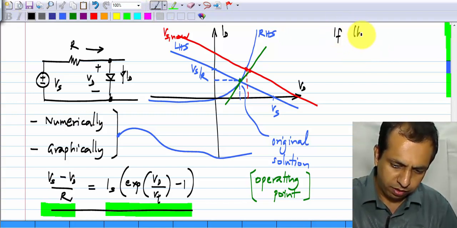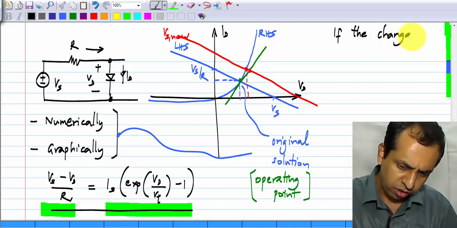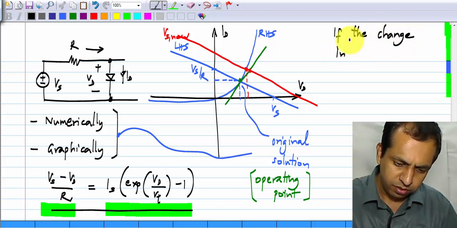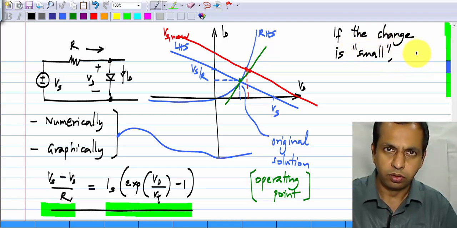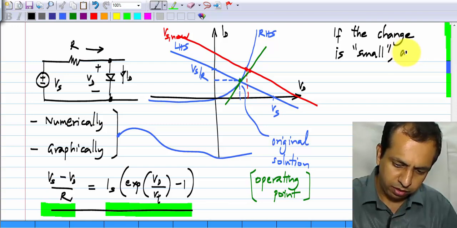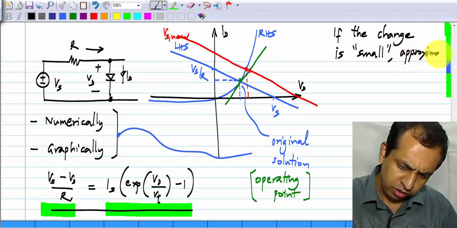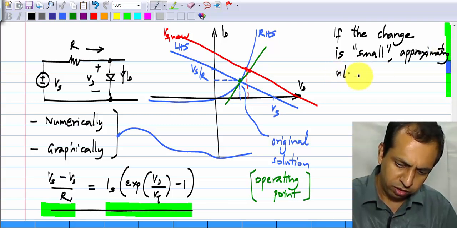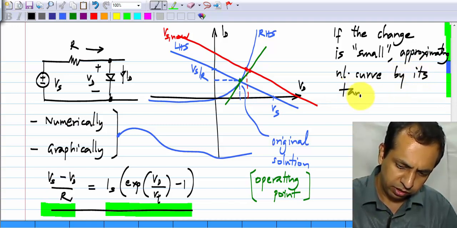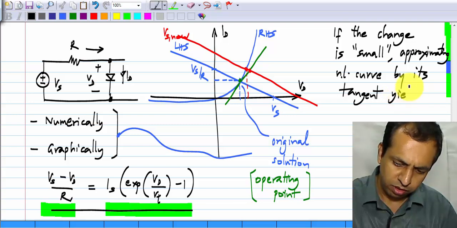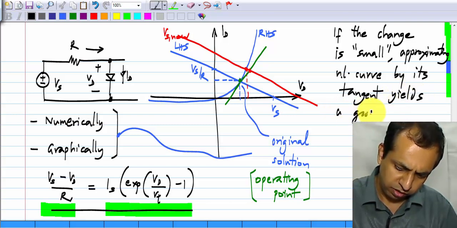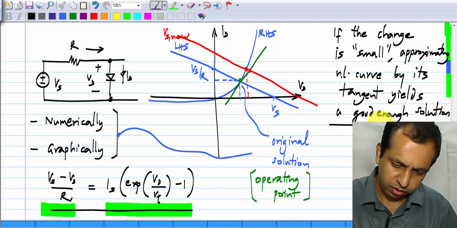If the change is small, then approximating the nonlinear curve by its tangent yields a good enough solution.